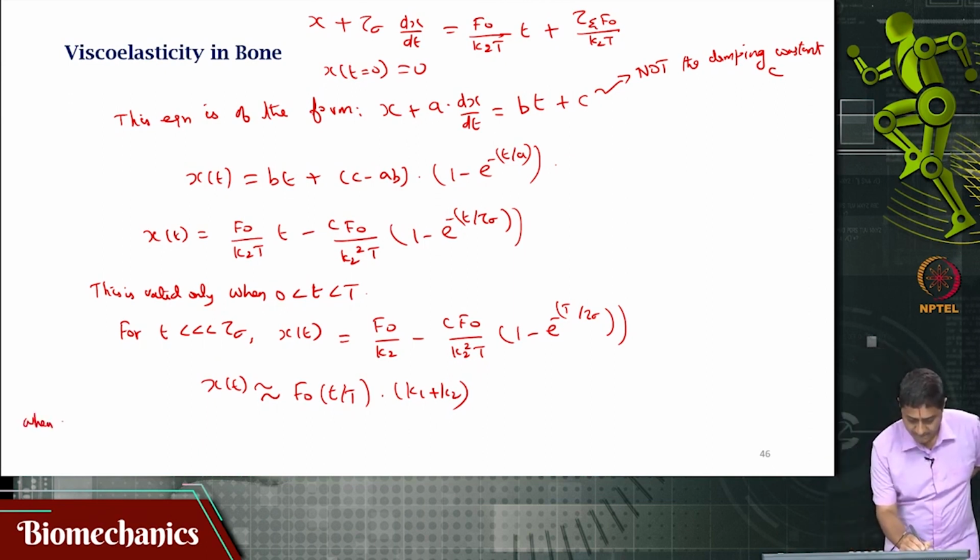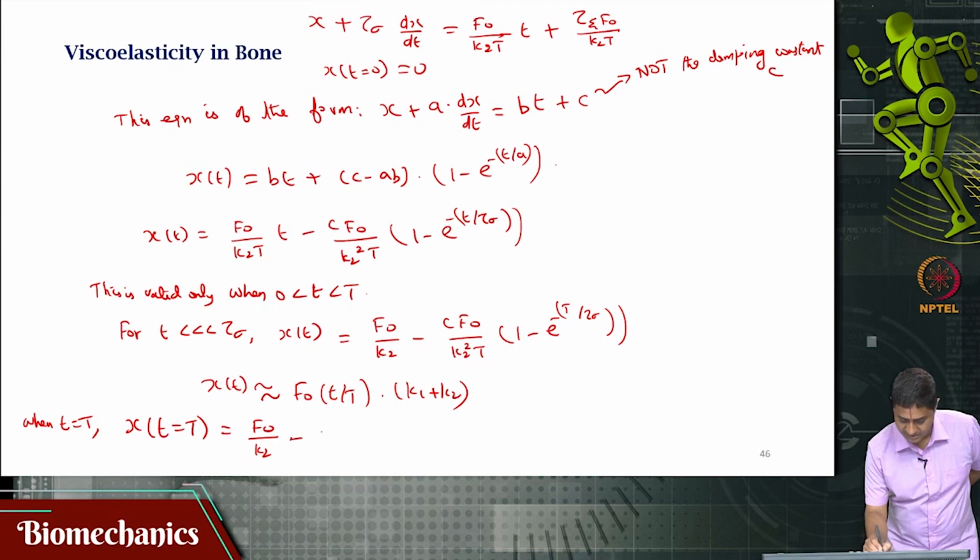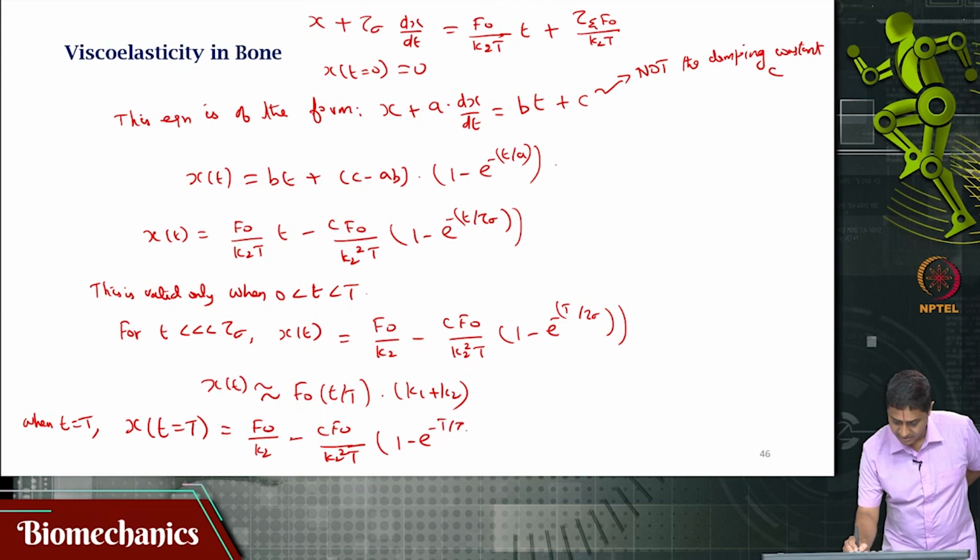When small t equal to capital T, or rather let us rewrite this, the deformation x of small t equal to capital T is equal to f naught by k2 times minus c f naught by k2 squared capital T times 1 minus e power minus capital T by tau sigma.